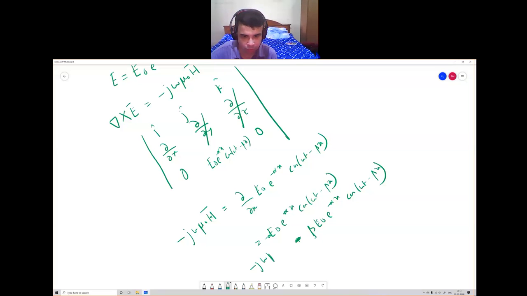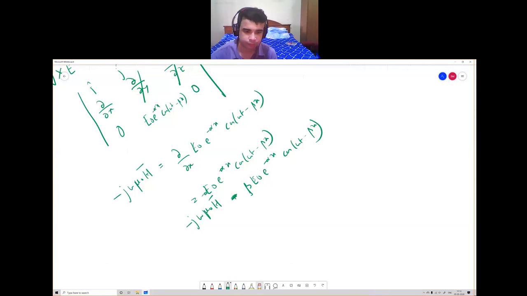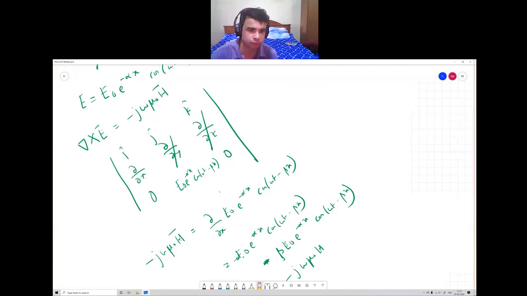That is equal to minus j omega mu naught H. Actually one mistake: since we are considering phasor, this should also be phasor.